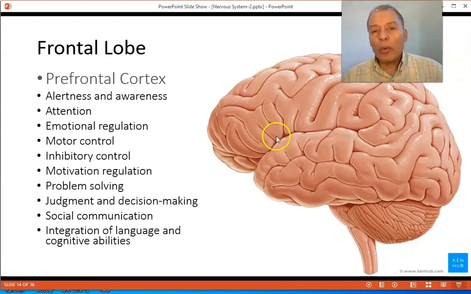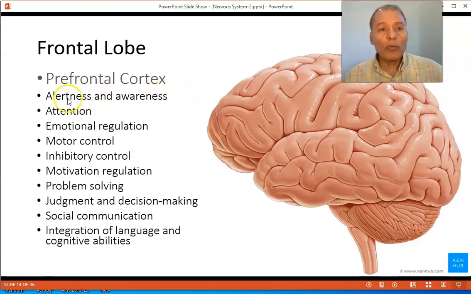The anterior part of the frontal lobe, up about here, is called the prefrontal cortex, and it is responsible for a ton of neurocognitive functions, neurobehavioral functions, and regulation of your vision, regulation of your emotions, and so on.